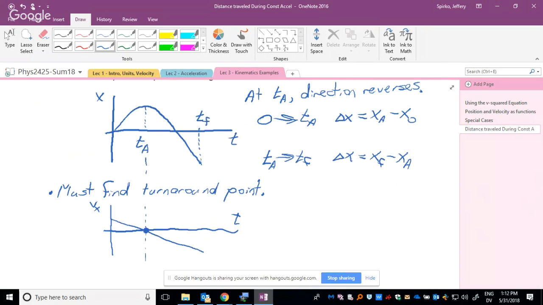For part C, it says the initial velocity is negative. So it's basically shooting downwards on the x graph and then coming back up at the end. It has a turnaround point somewhere in the middle. So you need to find that peak and figure out the distance it travels to get to the peak, and then the distance it travels to get from that peak to the final point.